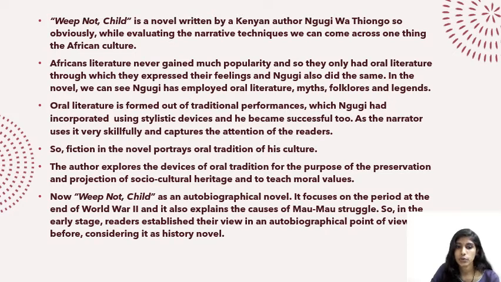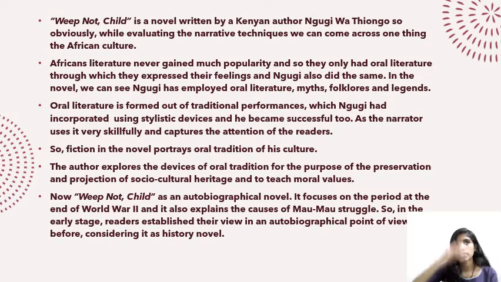The author explores the devices of oral tradition for the purpose of preservation and projection of social cultural heritage and to teach moral values. So here, the author uses devices of oral tradition to preserve his culture, that is African culture, and teach the moral values to the Kenyan readers or the African readers to know more about their culture.